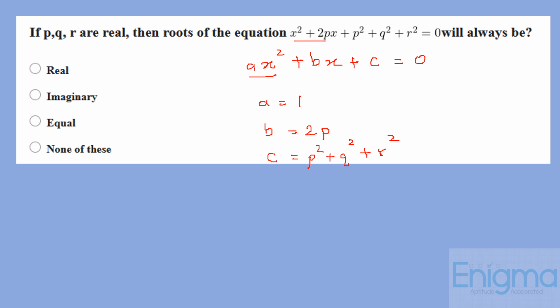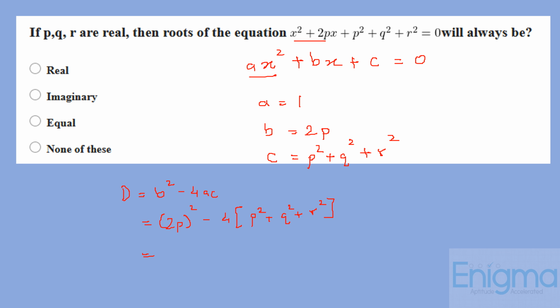Now, to find out the nature of the roots, we have to find out the discriminant, that is b square minus 4ac. Now, b is 2p, therefore that becomes 2p square minus 4 into a is 1 and c is p square plus q square plus r square.